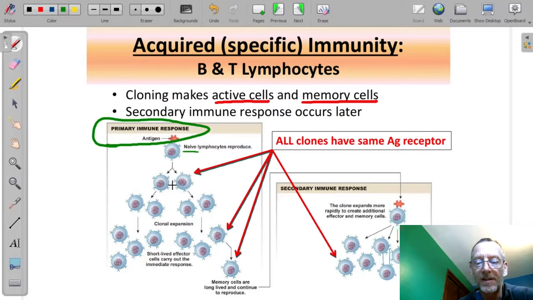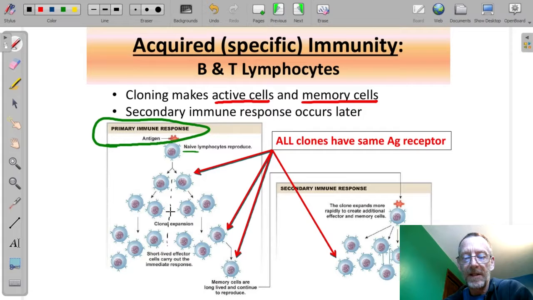So it divides once at the beginning, and then these two lineages of cells produce two different populations, and we have short-term effector cells and we have memory cells. So the two populations. So that's after the first response.